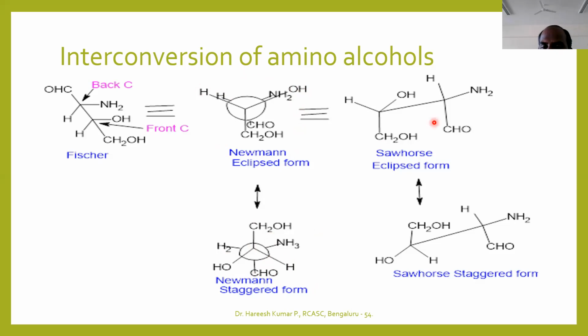And similarly, you can also observe that this is a Sahar's eclipsed form. And here also, rotation of the front carbon atom. That means now the CH2OH is below, it will go up. So when you are rotating like this, CH2OH is coming over here. When CH2OH is coming over here, automatically the OH will come over here and the H will come to this position.